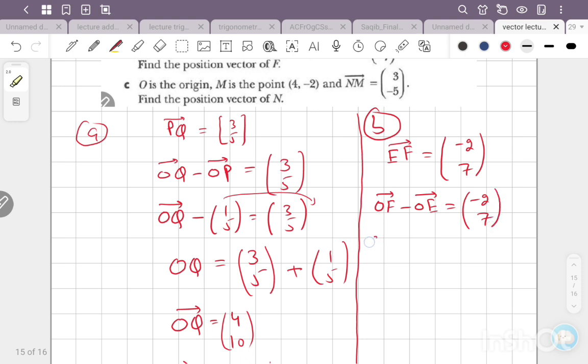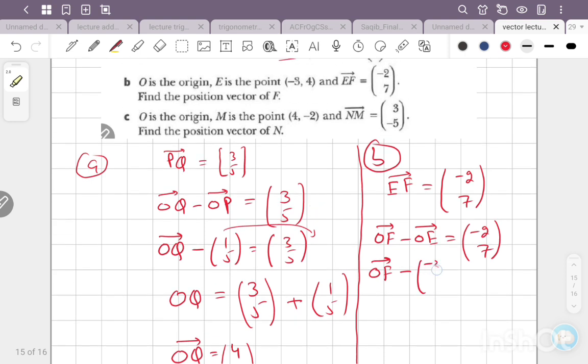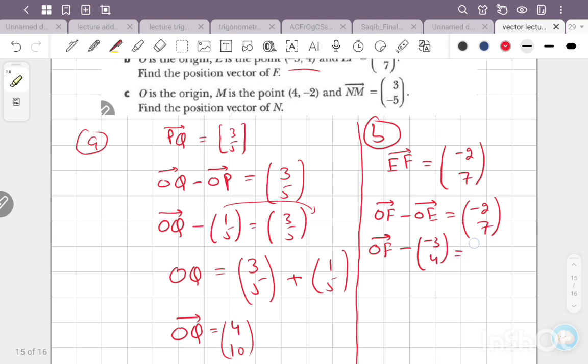Now we have to find OF, and minus OE, the value is minus 3 and 4 here, which is equal to minus 2 and 7.